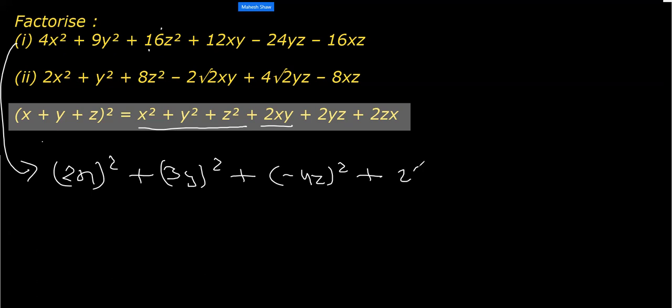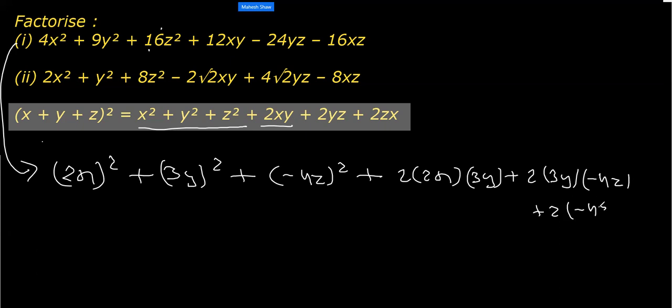We can write 12xy, that is 2 times the first term, 2x, multiplied by the second term, 3y. Similarly, for the next one, you see there is a minus sign, but we'll be ignoring it, as for the formula there is a plus sign. So we write 2 times 3y, the second term, into the third term, minus 4z, and finally 2 times minus 4z into the first term, which is 2x.